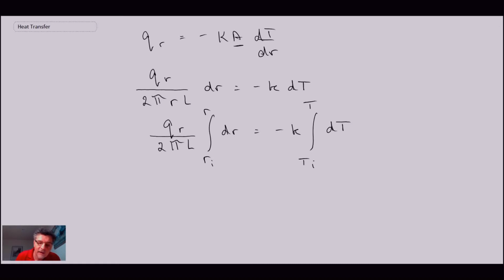So we have that, and now, oops, I forgot a R. Sorry about that. There should be an R there. So we're going to integrate that, dr over r, the integral, that's a natural logarithm.